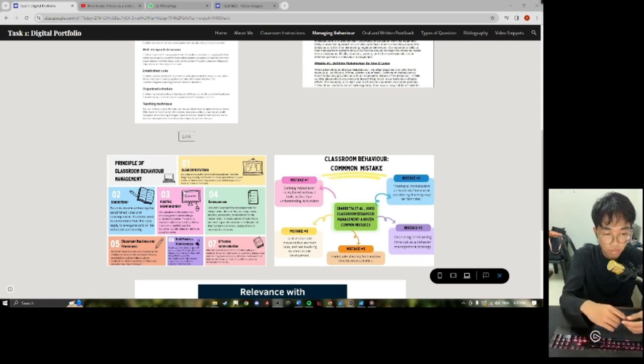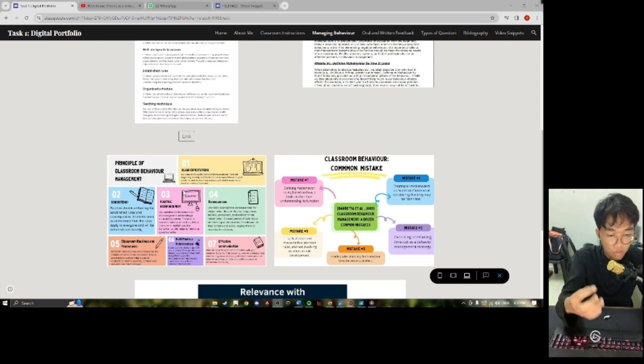We also need to be very consistent in setting up consequences, or I guess punishment, when the students do something that we don't want them to do. And for classroom routines and procedures, it's also very important to establish clear routines, so that they are somewhat familiarized with what they have to do every single morning, every single day at the start of a lesson.